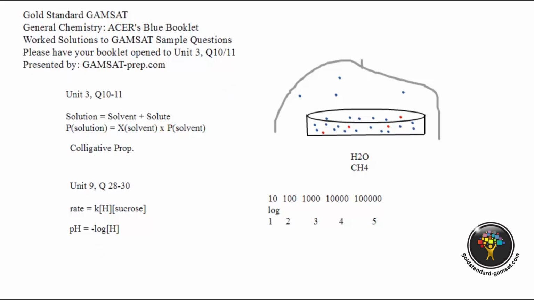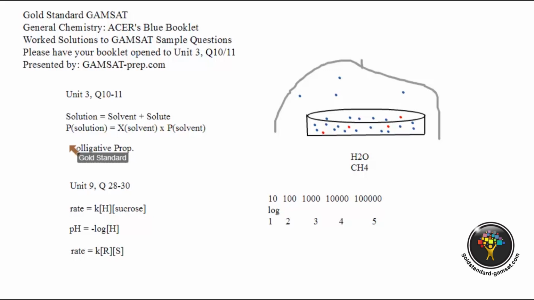The general equation for rate law is that the rate equals K, which is a constant, times the concentrations, where the square brackets stand for concentration in moles per liter. So you would write the concentration of R and the concentration of S. And this is the general rate law for the equation.